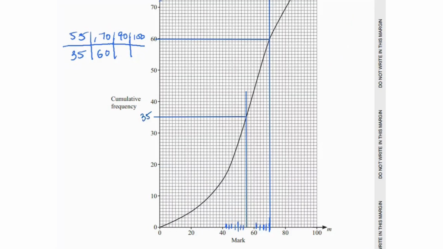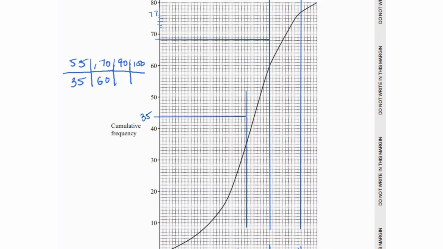Then for 90: 82, 84, 86, 88, 90. That's 77. And for 100, it's 80.